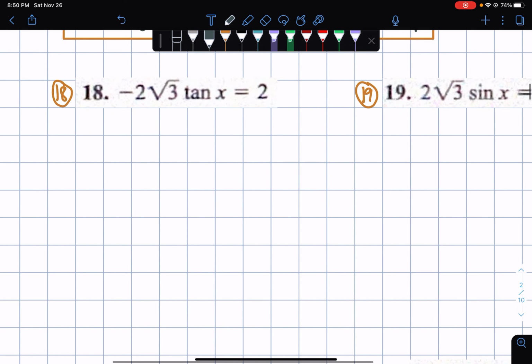Number 18. Negative 2 times the square root of 3 tan x is equal to 2. Tan x is equal to negative 2 times the square root of 3 over 2, which is basically negative square root of 3. Wait a minute, sorry.